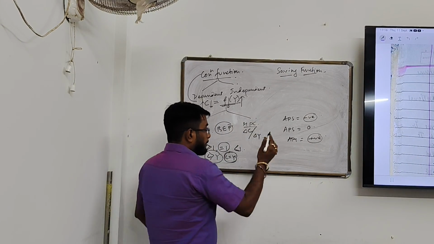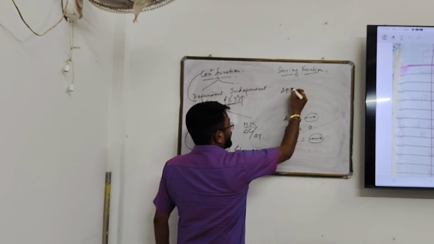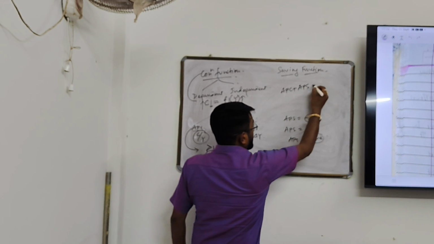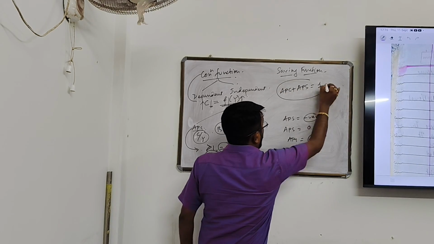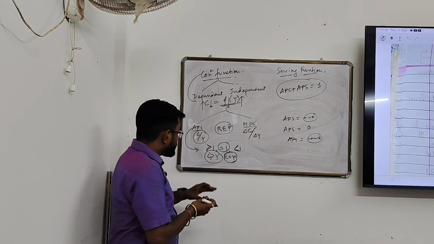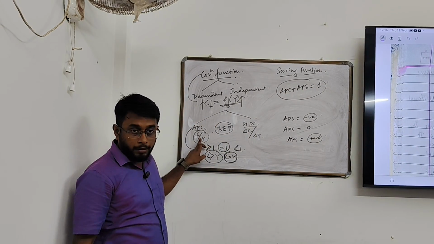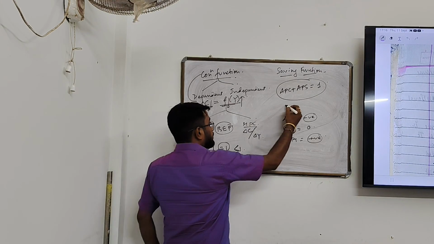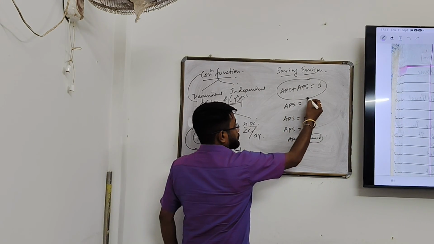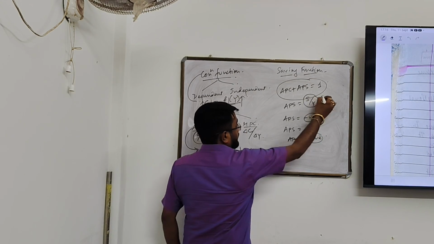Why this is so? Because we know in the economy APC plus APS is equal to 1 every time. Now if APC is the ratio of C and Y, APS is the ratio of savings to income.